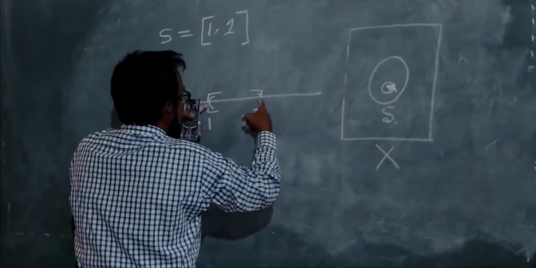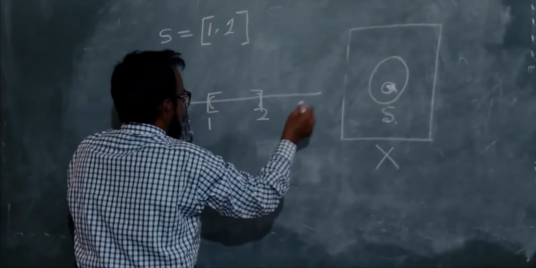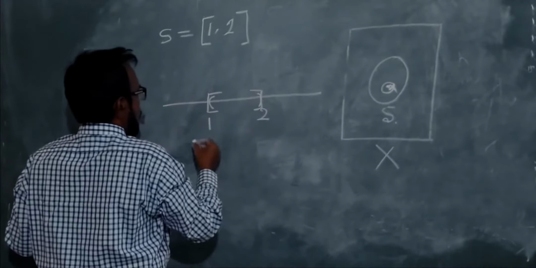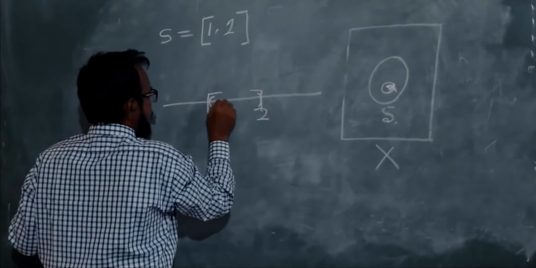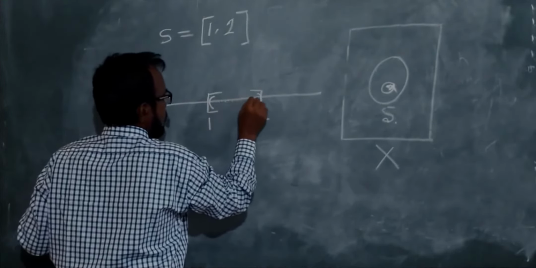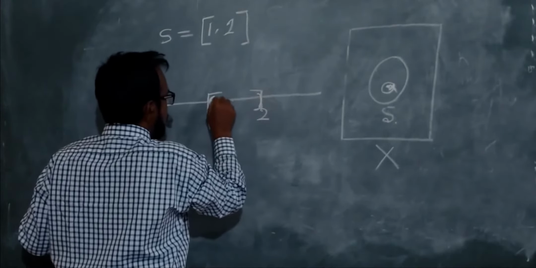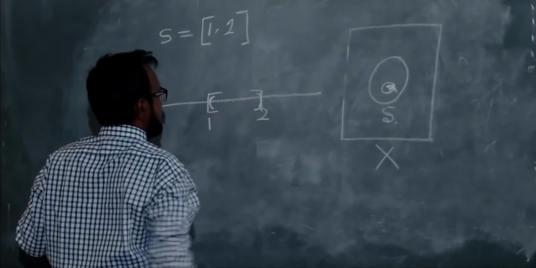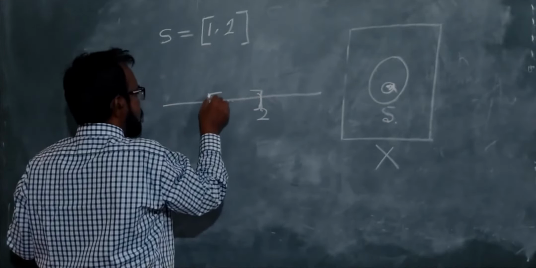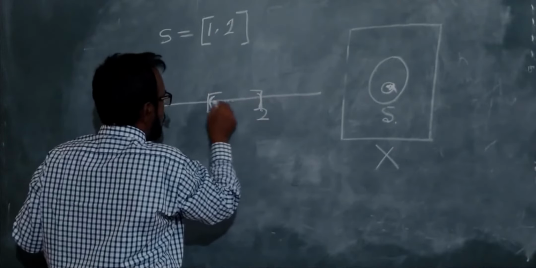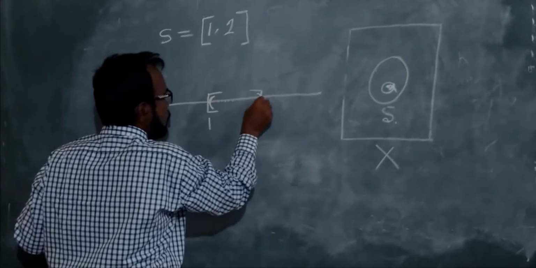In case of the closed interval, we include them. That means each point in between is an interior point. But what about 1? What about 2?